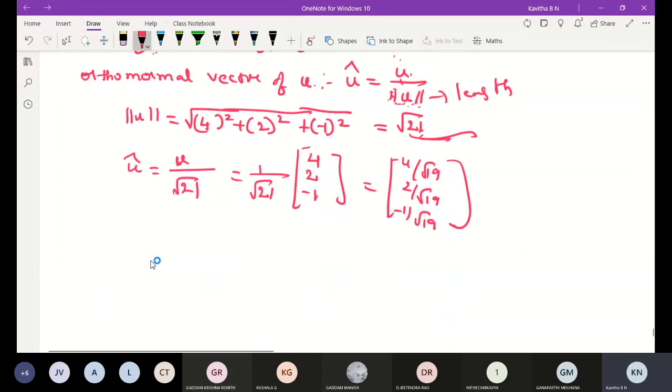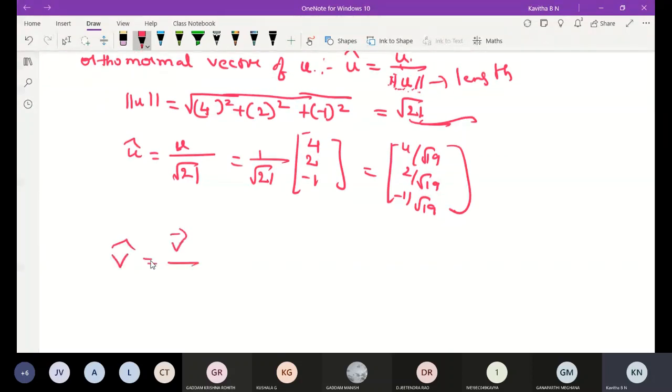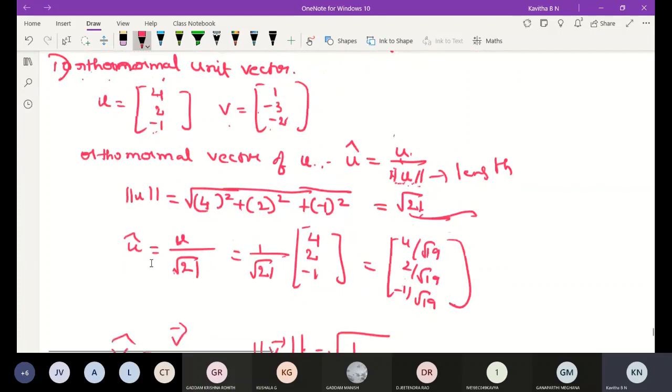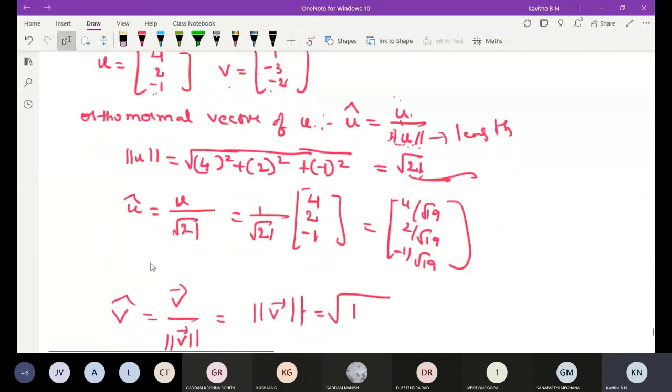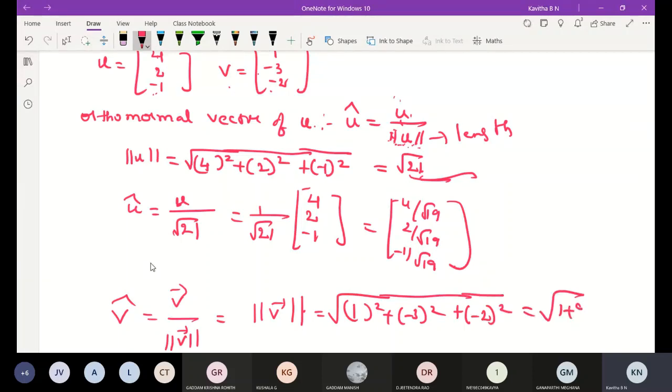Similarly, find the unit vector of v: v divided by the length of v. The length of v is the square root of 1 squared plus (-3) squared plus (-2) squared, that is 1 plus 9 plus 4, which is 14.